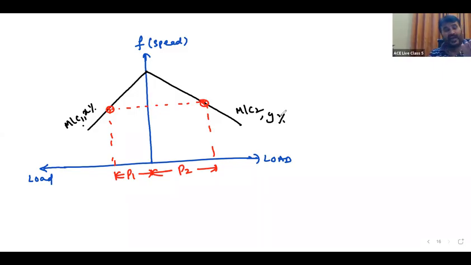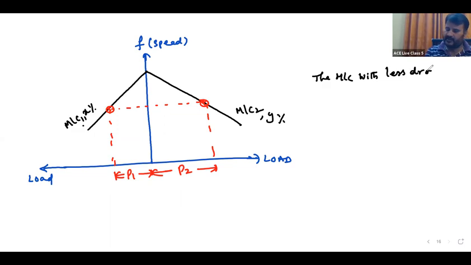But the machine which has less drooping will share more load.